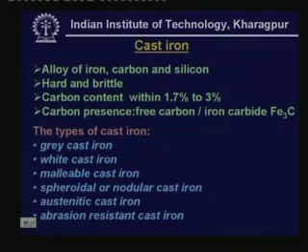See, the cast iron. What is in cast iron? These cast irons are alloys of iron, carbon and silicon. These materials are, as given over here, quite hard and brittle. By now you have some understanding of brittle: normally brittle materials do not have much of a plastic zone.